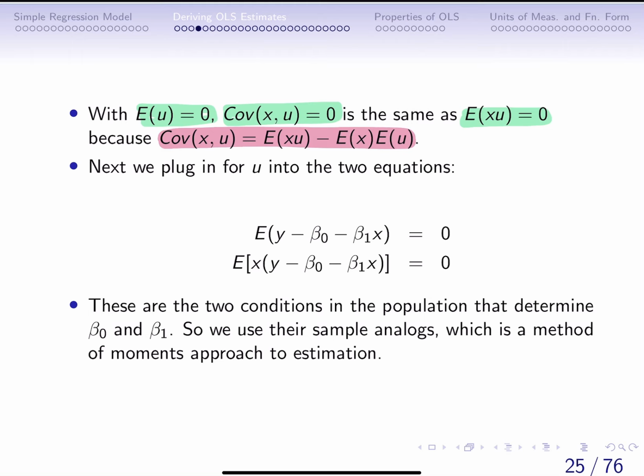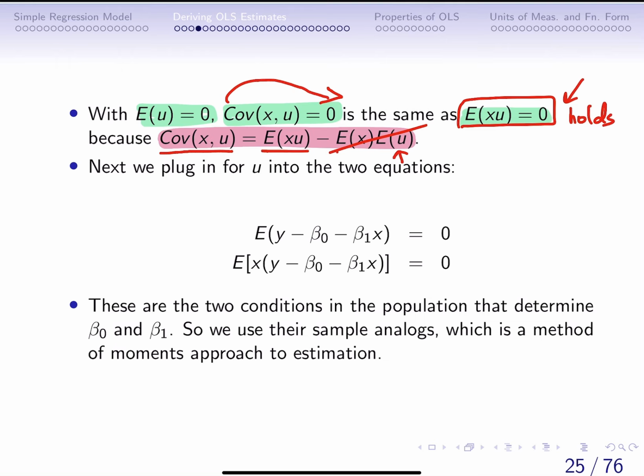The covariance between x and u is equal to the expected value of xu minus the expected value of x times the expected value of u. If we know that the expected value of u is equal to 0, this term cancels and we are left with the expected value of xu, and this is the covariance. So if we assume that x and u are uncorrelated, then the covariance will also be 0. So this holds.